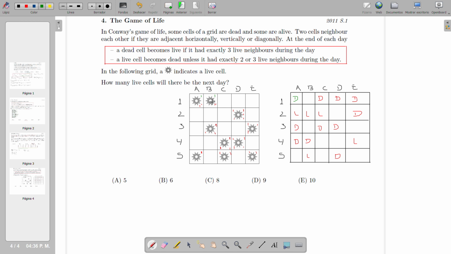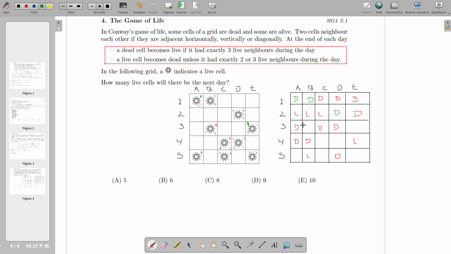The same will happen with cell B1, since this cell has just 1 live neighbor, which is A1. Now, cell D2 has just 1 neighbor, so this cell will be also dead.